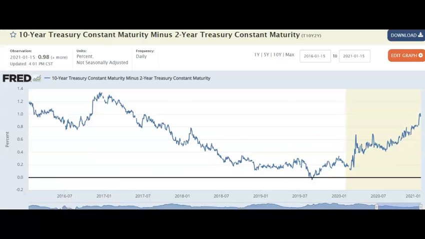So we're starting to see a rotation into some of the big bank stocks recently, as we can see by their price movements. Their price movements have moved substantially over the last month, so that may be driven by these expectations. But there's other reasons to buy the big bank stocks, which we're going to take a look at.